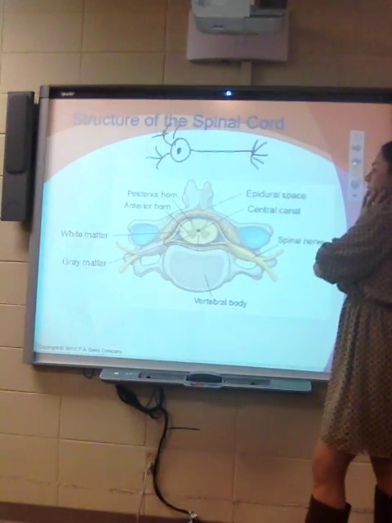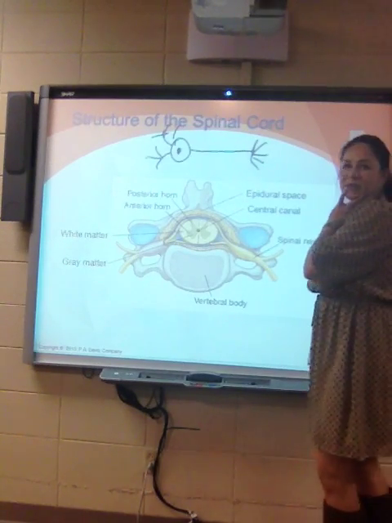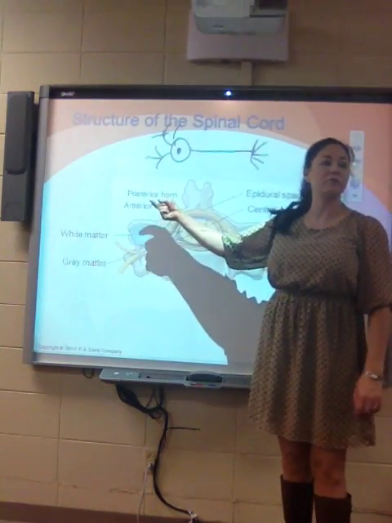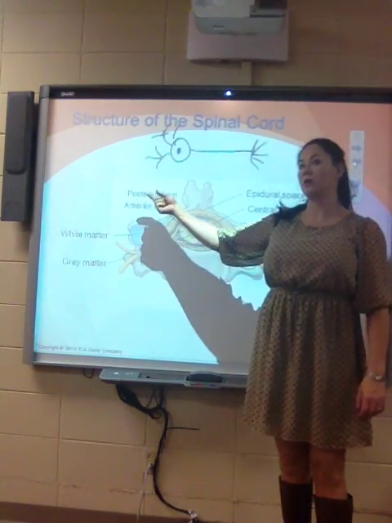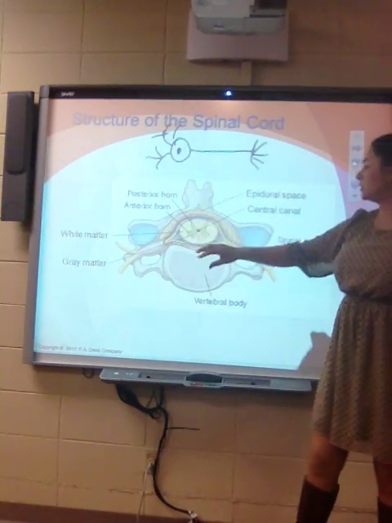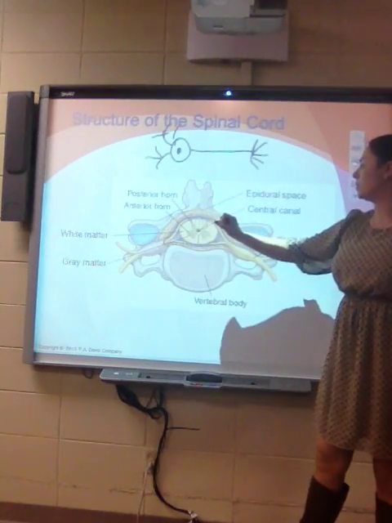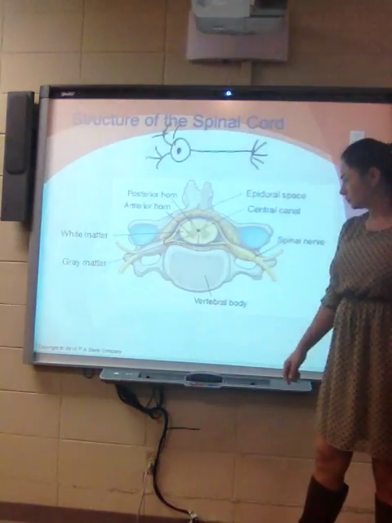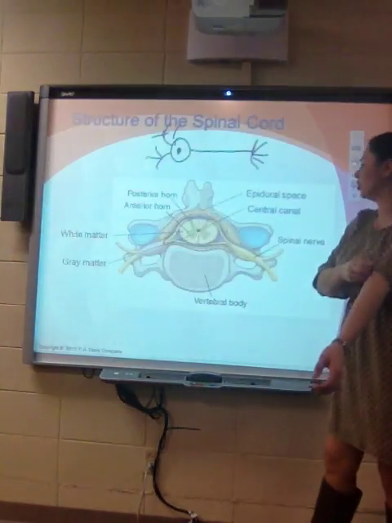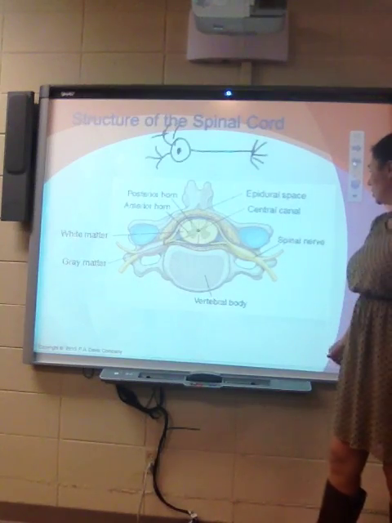If you can think of some way to memorize posterior means sensory and anterior means motor, then figure that out. Because you do have to know posterior backside is where all the sensory neurons and nerves come in and speak to the backside of that spinal cord. And then we'll go out front side, anterior, that's going to be motor, taking information out.